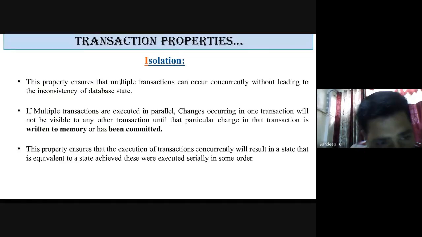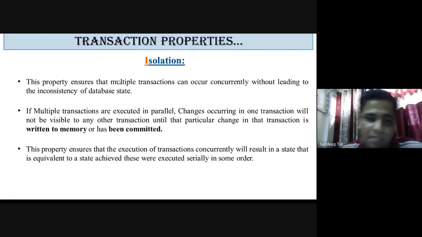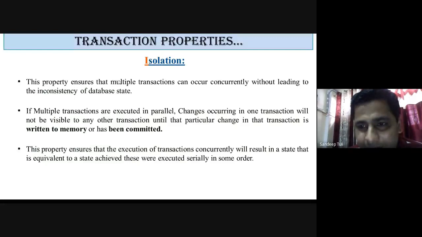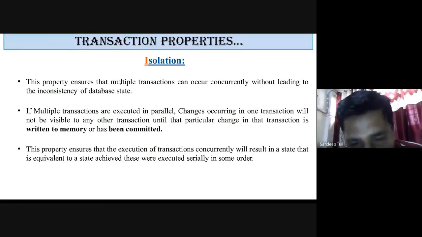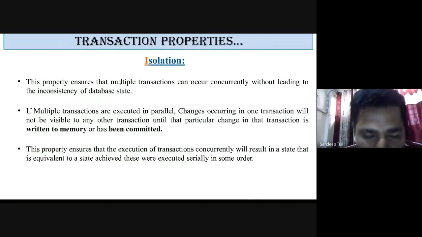Again, the term inconsistency is there. Our overall purpose is to make sure that the database is in a consistent state. So in order to avoid inconsistency, we are following all these properties. Obviously, when we are dealing with databases, if it is a real-time database, multiple users are there.